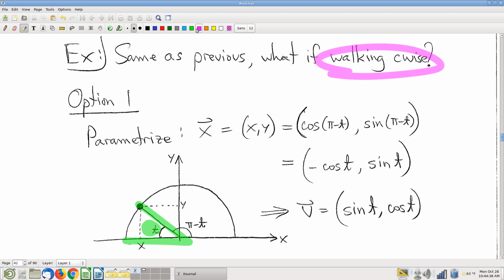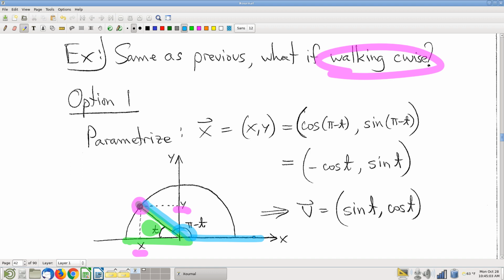Now, if that's t, fine, but I need to know what the coordinates of this point are. I still need to know x and y. In order to understand x and y, I need to understand theta, right? The relationship between x and y and angles is r cosine theta, r sine theta. So I need to know theta, but in terms of t, and it's easy to see that relationship.